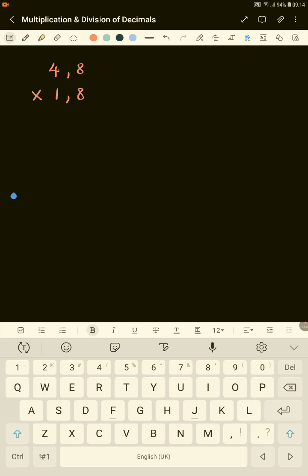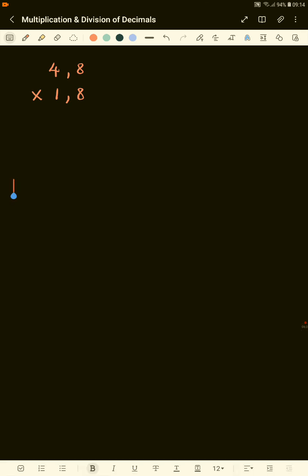You can just multiply this number like you're multiplying your own number, and then when you get your answer, you just count the number of decimal places.